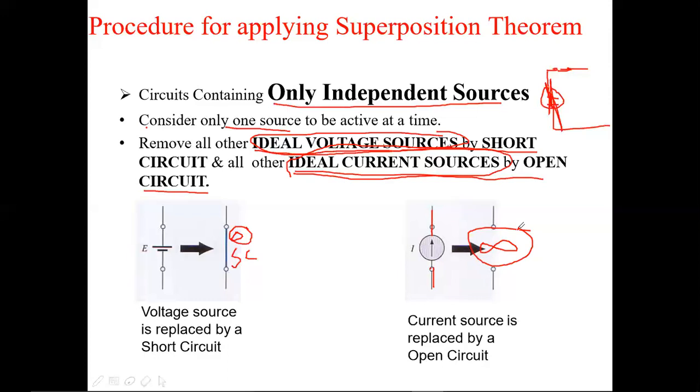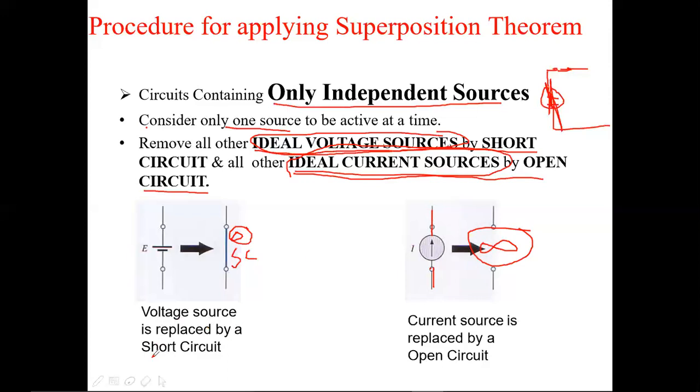In other words, ideal voltage sources are short circuited, ideal current sources are open circuited. You can use this wording while writing the procedure of superposition theorem. This is very important. Three rules, so you should note this down, and these diagrams also.